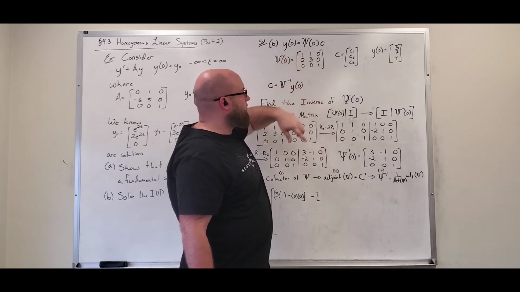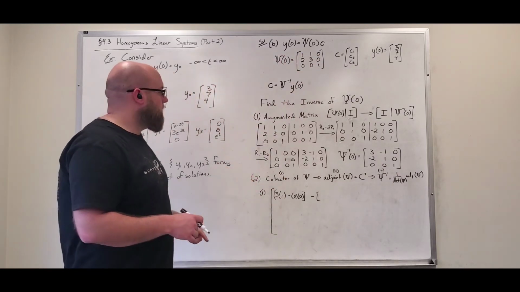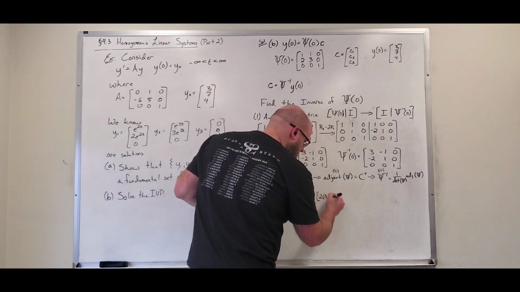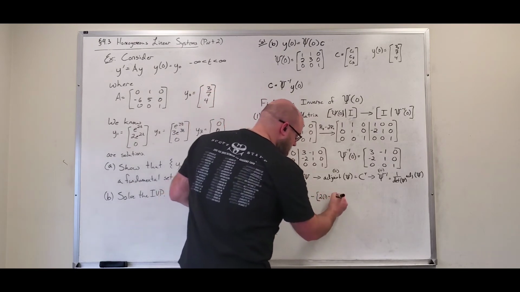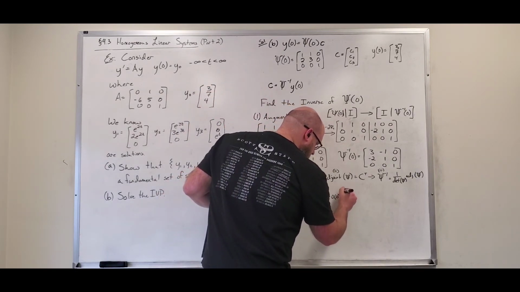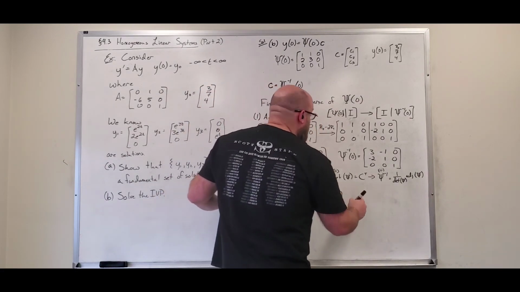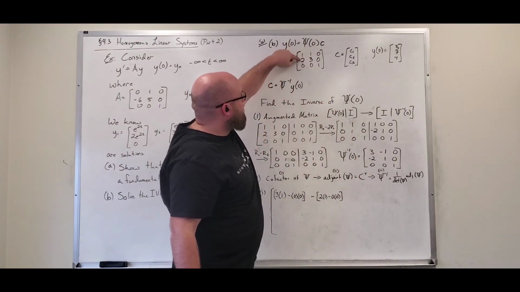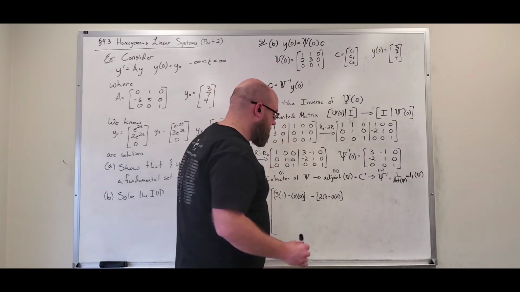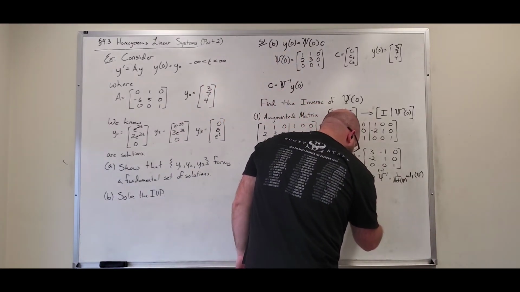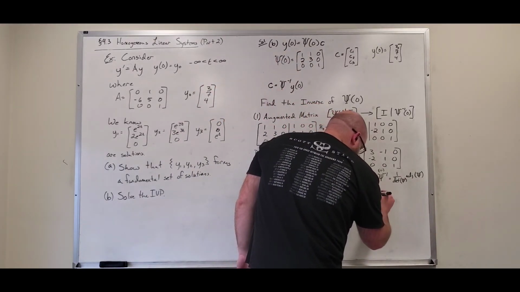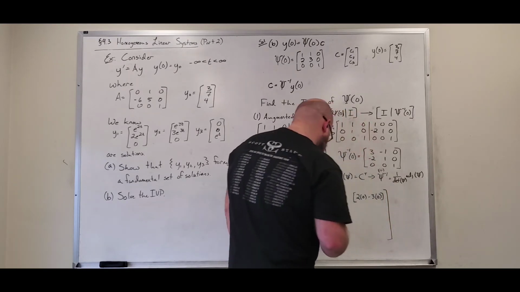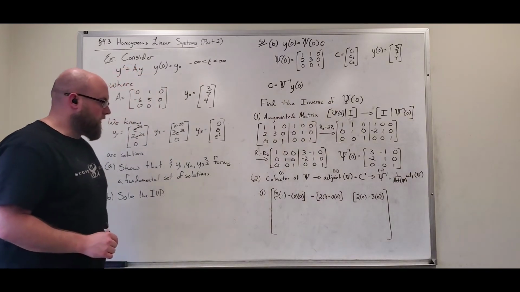So it is the minor. 2 times 1 minus 0 times 0. And then we have the positive term up here, so we block off this L shape. So it's 2 times 0, 3 times 0. That's the nice thing. I think I actually got that almost to the right size.